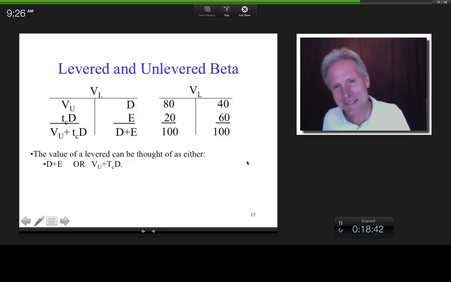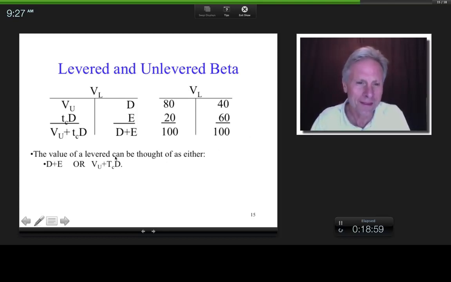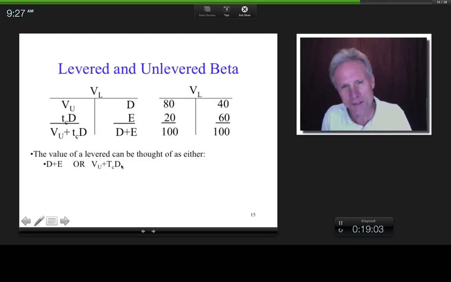Now, this next thing is the biggest mind twister, if you will, in this whole derivation. Another way of thinking of the value of the firm with debt is this: because the firm has debt, we're going to assume the value, not the market value of debt itself, but the benefit that debt brings because it's debt as opposed to equity.